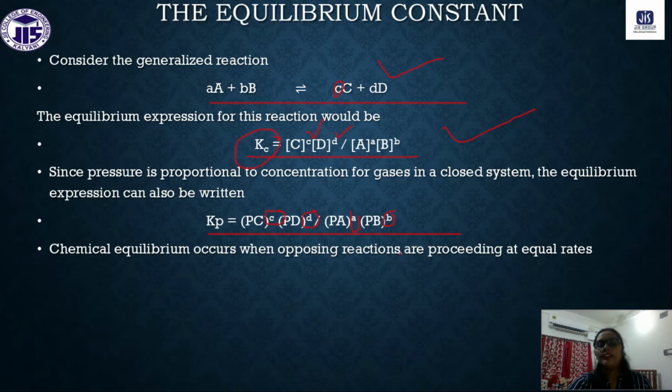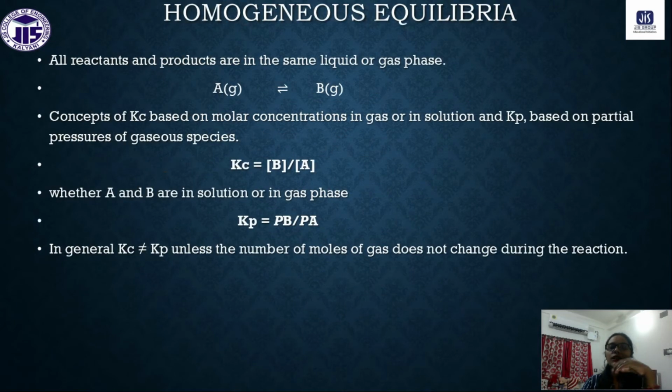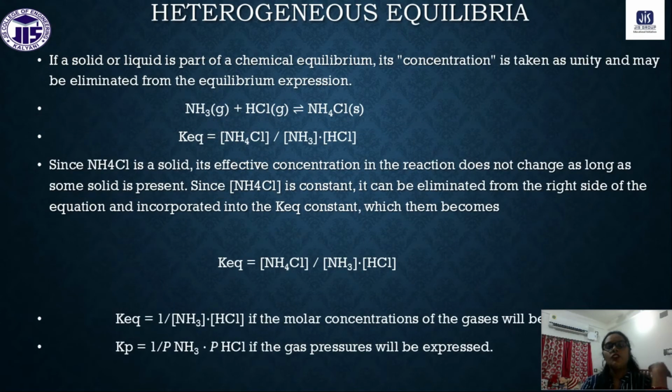So this is the equation of the equilibrium constant if we consider the partial pressure of the gas molecules. We have determined this equilibrium constant for different reactions, so from this portion you may have this type of question.